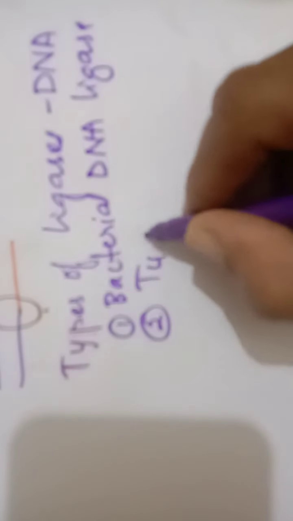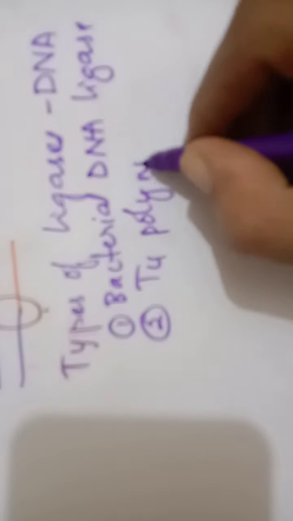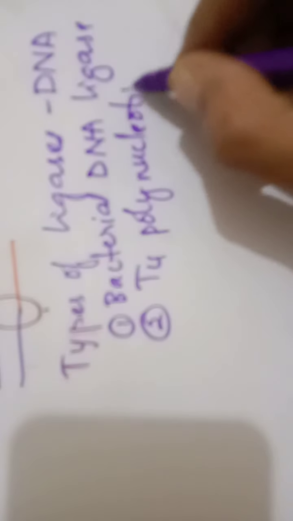There are two types of ligases; we are talking mainly about the DNA ligases only here. One is bacterial DNA ligase. The second one is T4 polynucleotide DNA ligase.